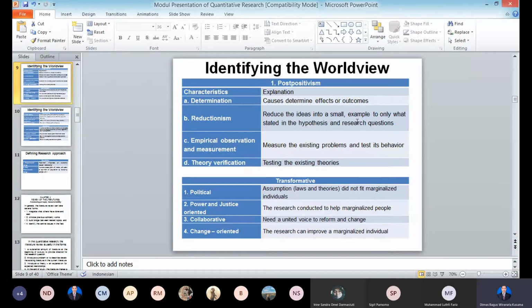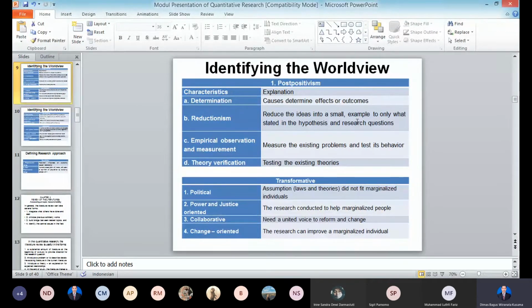You take these three independent variables into account, expecting that they will affect your dependent variable, namely economic growth. But in this case, you simplify the factors of economic growth by only taking these three indicators. So in this case, you apply reductionism.